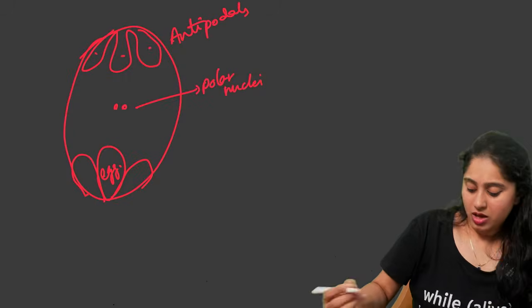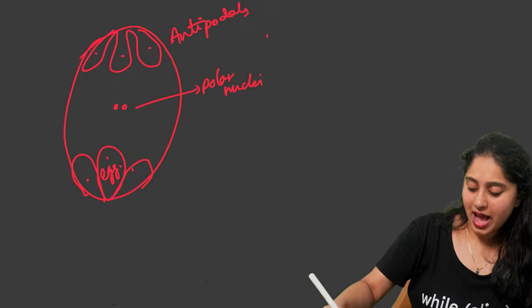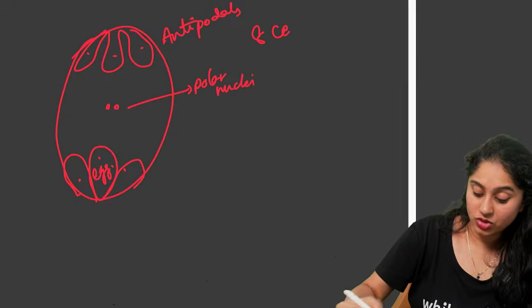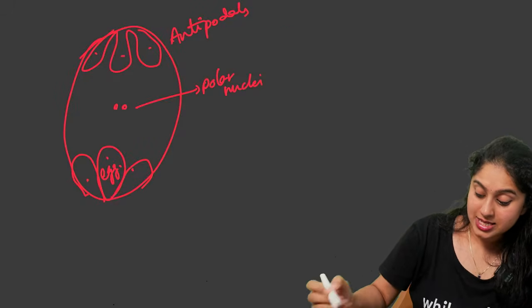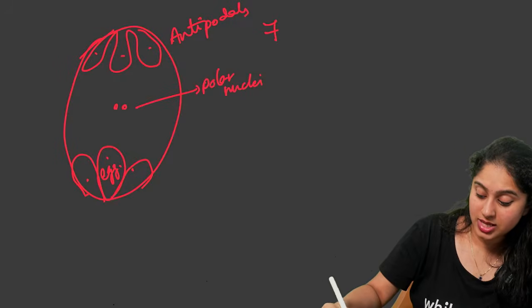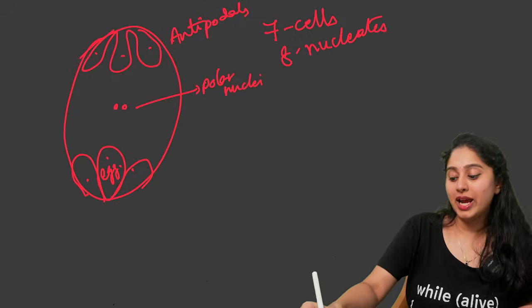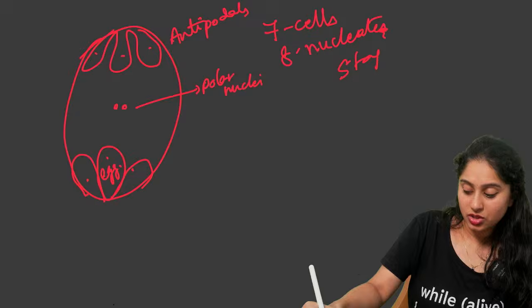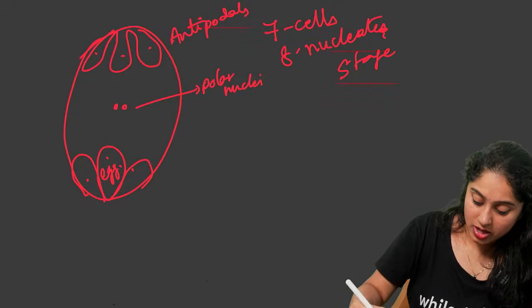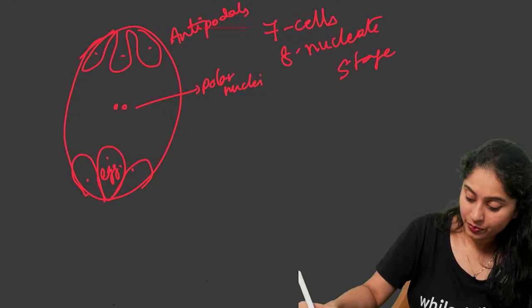So in total we have 7 cells but 8 nuclei, so it is an 8-nucleate stage. Is that clear to all of you?